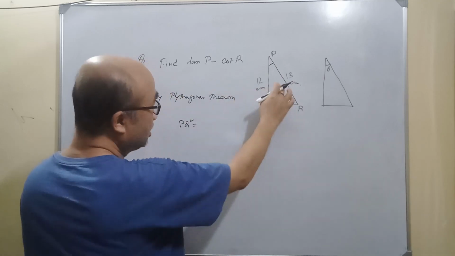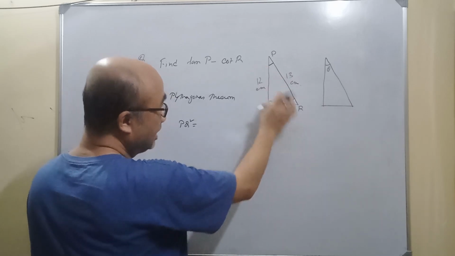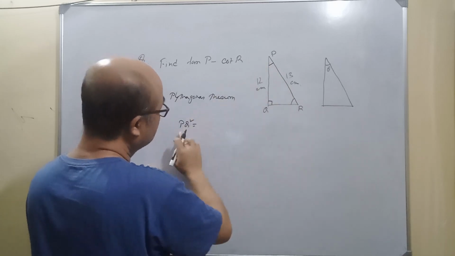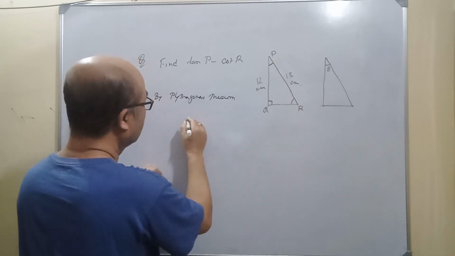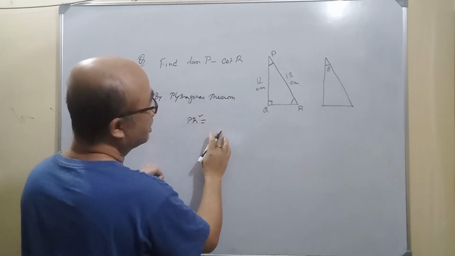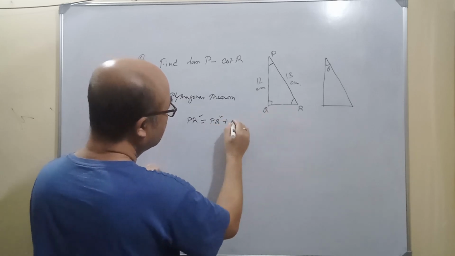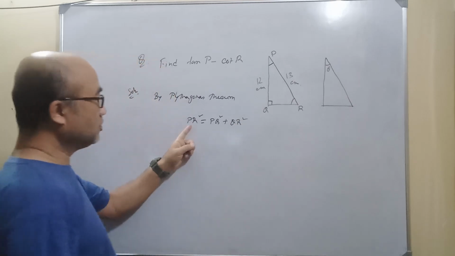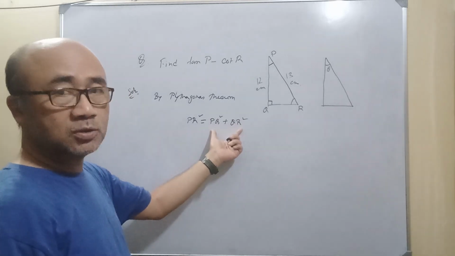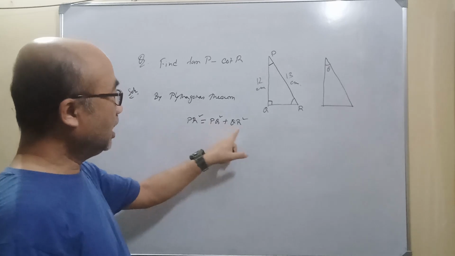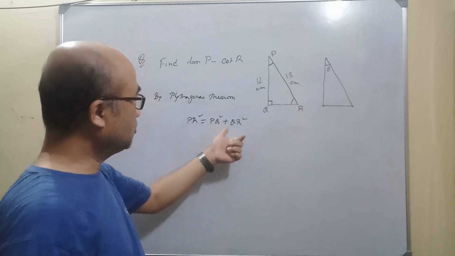So PR square, the hypotenuse, is equal to PQ square plus QR square.